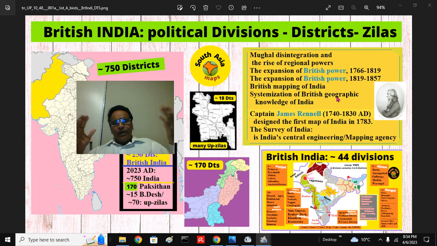Grouped into districts, grouped into political divisions. In the beginning they appointed the map maker, geographer James Rennell, who was a contemporary of Warren Hastings, the first Governor General of Fort William, that is the Bengal region. And later it was consolidated when the British left. There used to be around 250 districts or so with 50 divisions and so on.